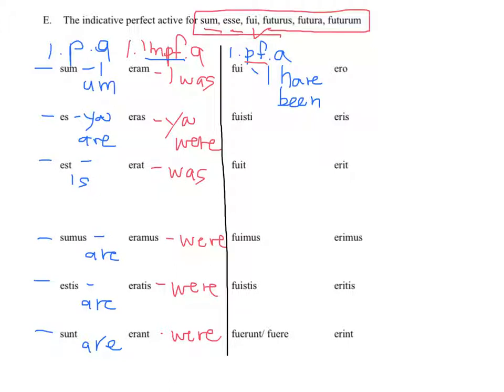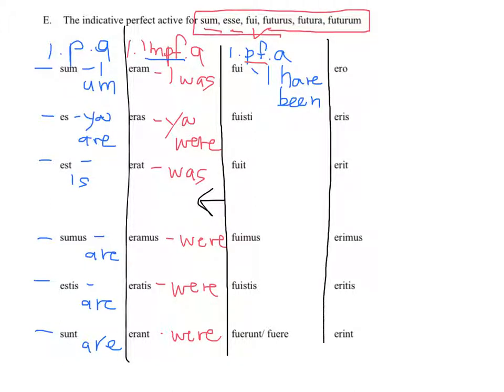One emphasizes the ongoing nature of the action, that's the imperfect. The other emphasizes the completed nature of the action. Both take place in the past time, but the imperfect emphasizes the ongoingness of something, and the other emphasizes the completeness of something. It's a very subtle point.